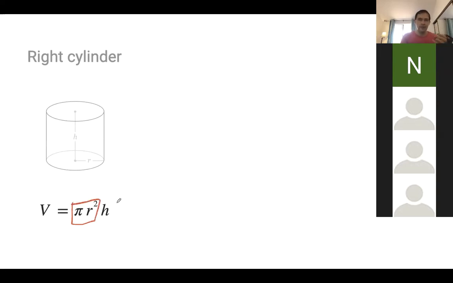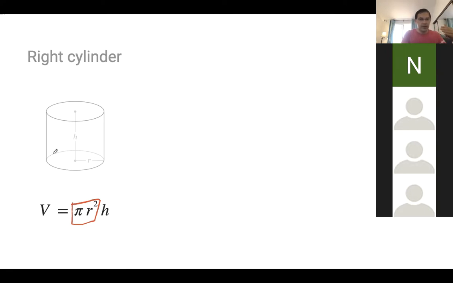This is exactly the area of, okay, let me ask you this question. What is this formula for, so this is the area of what shape? Pi times the radius squared. Perfect, this is exactly right. This is the area of the circle of the base.